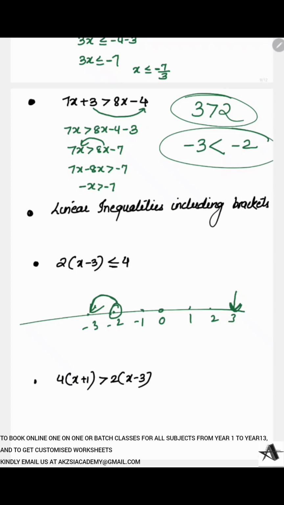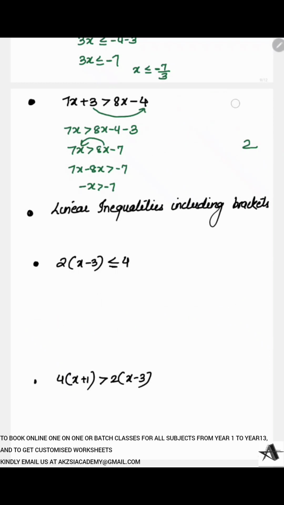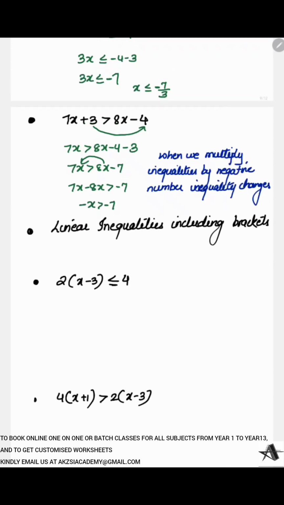It was previously pointing to the right, now the apex is on the left-hand side. This is the reason whenever we multiply both sides by a negative number, the inequality sign changes. So finally, on multiplying both sides by negative 1, it will be x is less than 7. That means x can take all the values that are less than 7 except for 7.